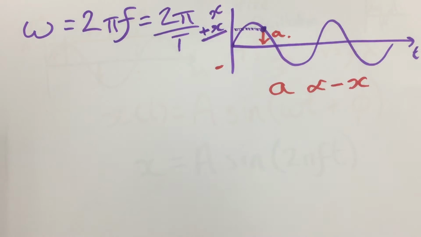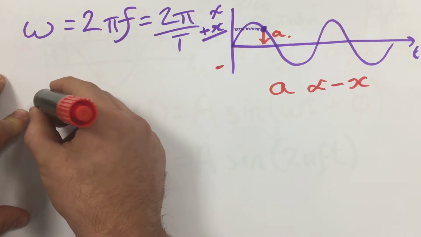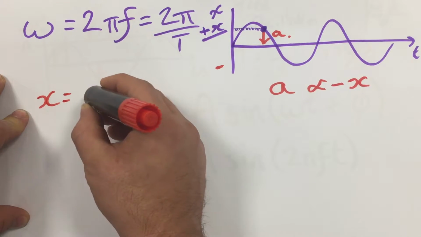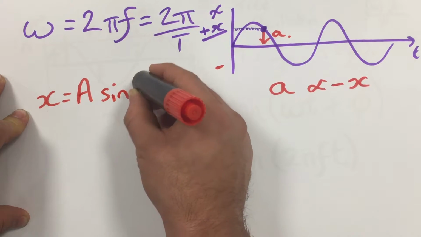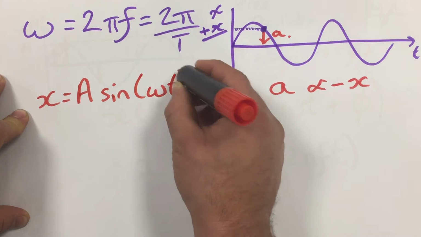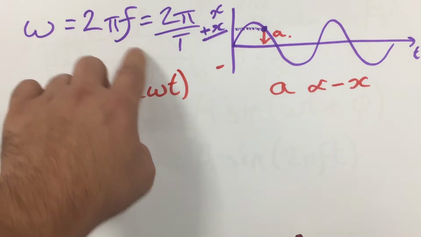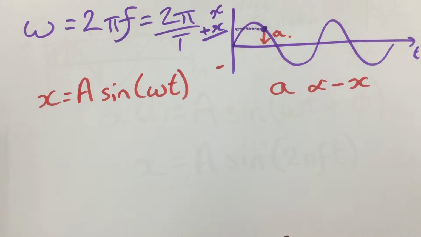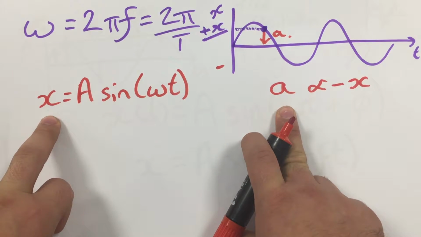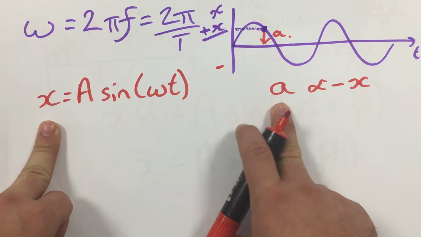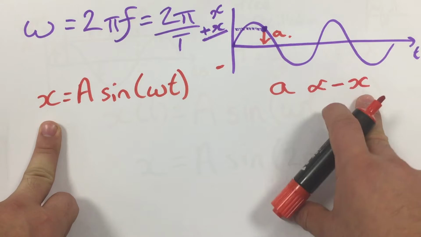So I'm going to start with the equation. So x is equal to A sine omega t, and I'm just going to keep it as simple as that. I could obviously put 2 pi f there for omega, but I'm just going to keep it as omega. Now, in order to work out the acceleration from a displacement, acceleration is the rate of change of velocity, and velocity is the rate of change of displacement.